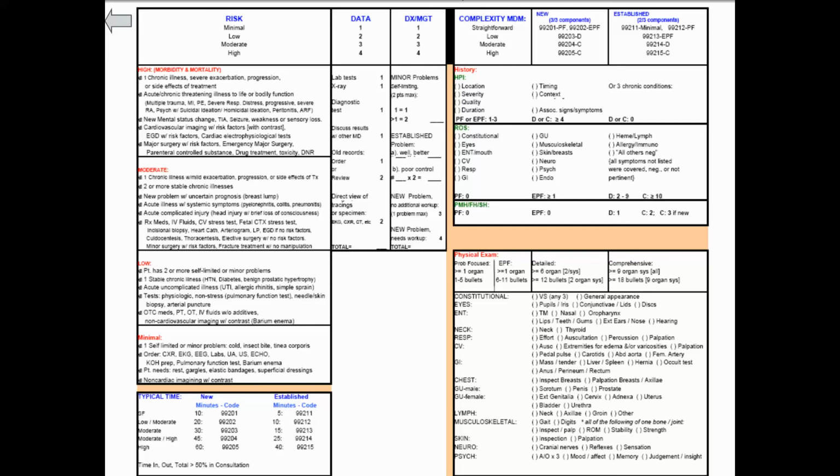Don't I get 2 points for just looking at those? A lot of people say, well, don't I get 2 points for just looking in the EMR at the previous notes? And the answer, again, is no. Because even though those notes from the emergency room, or from the consultant, or from another doctor are, quote, old, they're older than the visit today, that does not constitute what this means.